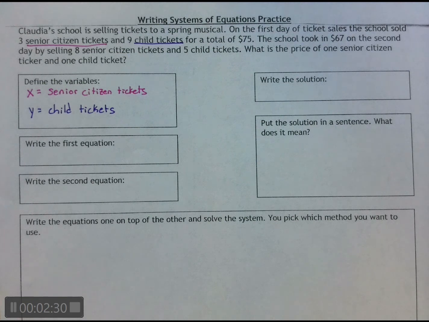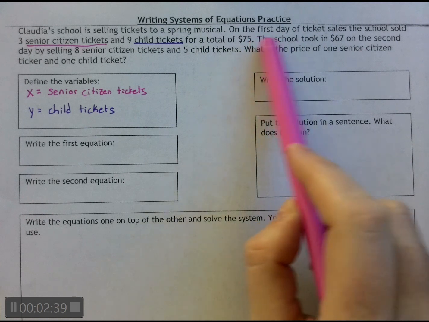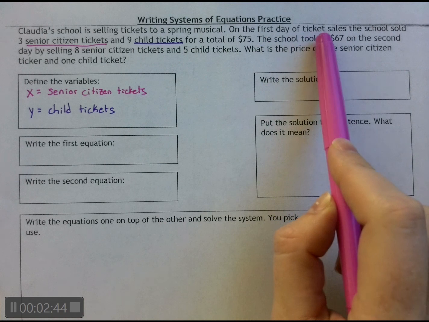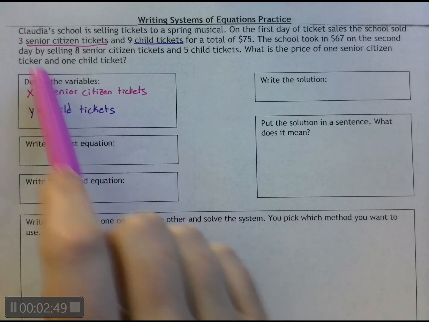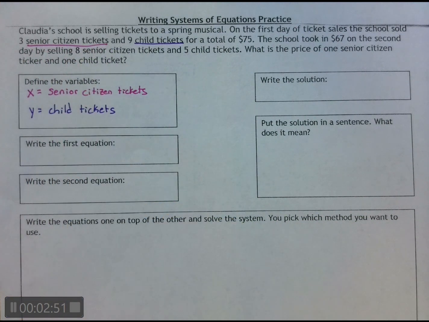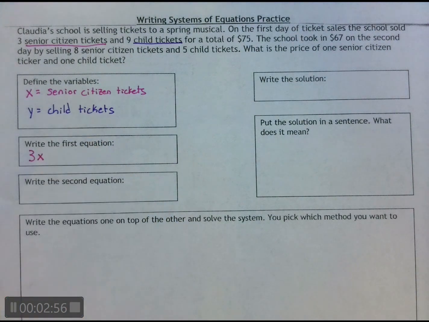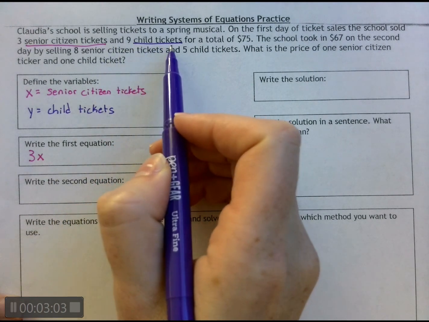So now it tells us to write the first equation. So let's read that second sentence again. On the first day of ticket sales. So whenever it says something like first day, that's going to be your first equation. Okay? Ticket sales, the school sold 3 senior citizen tickets. Okay, cool. So they sold 3X. And they sold 9 child tickets.